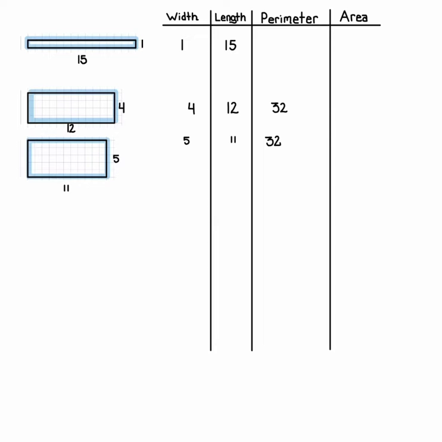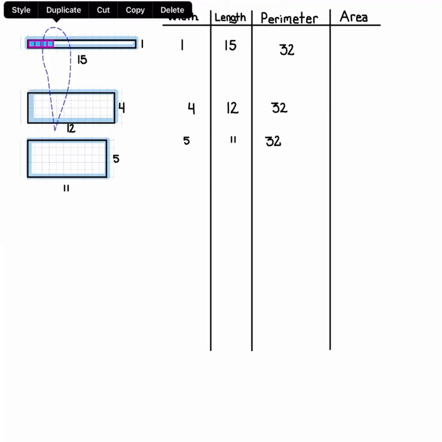What you're starting to notice, hopefully, is the amount of space on the inside is changing. So to find the number of squares on the inside in that top rectangle, there's 1 square, 2 squares inside, 3 squares inside. We can keep on counting, or the shortcut is length times width.